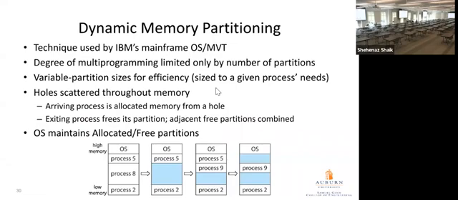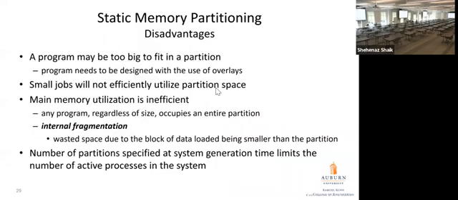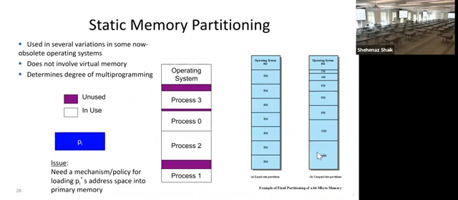Okay, so let's now look at this. As I mentioned earlier, with static memory partitioning, where we have all these fixed partitions of various capacities, when a particular process arrives in the system and requests memory allocation, we may need to make a choice among multiple free partitions which are candidates, which have sufficient capacity to serve the incoming request.